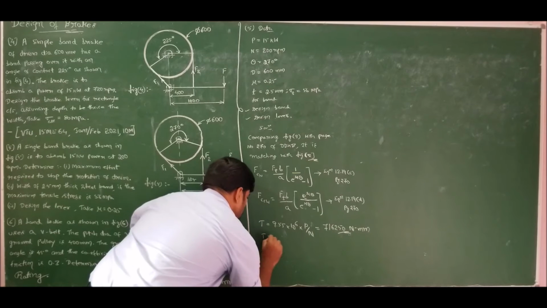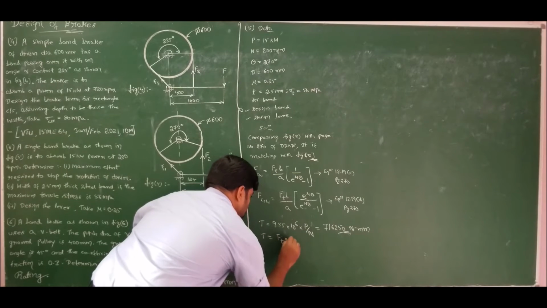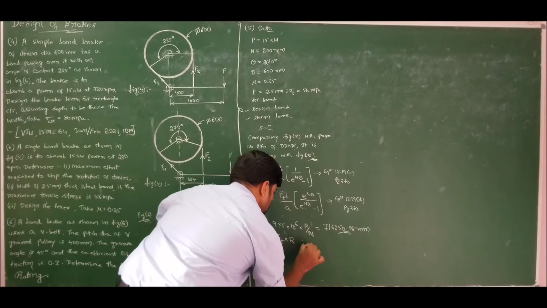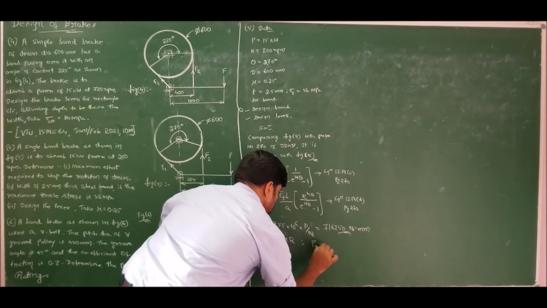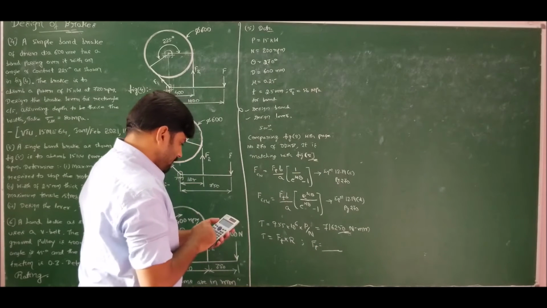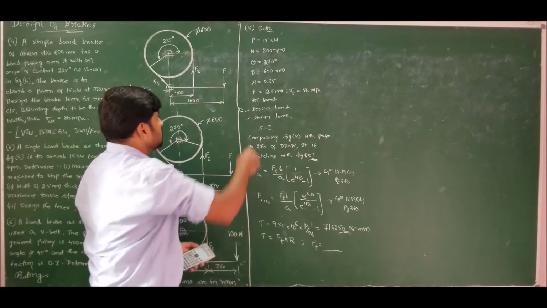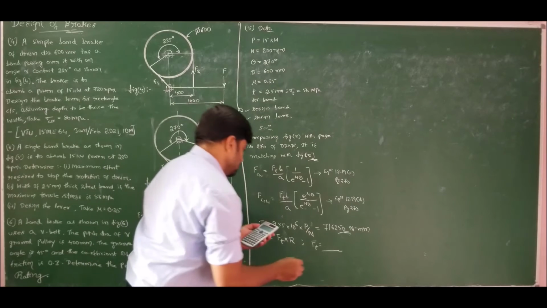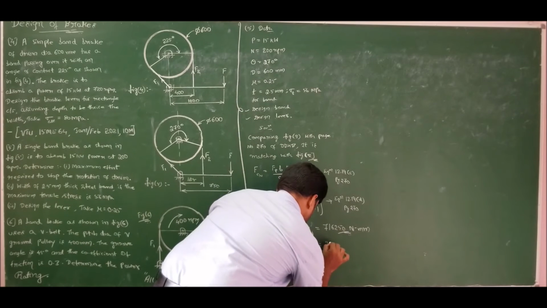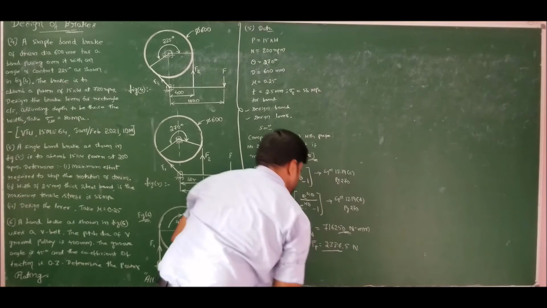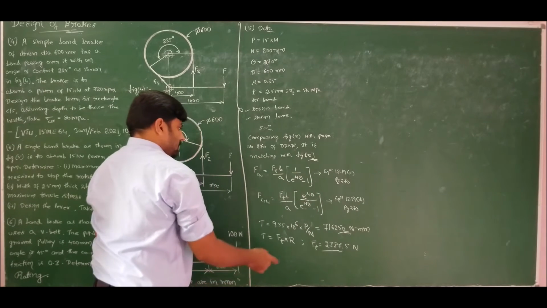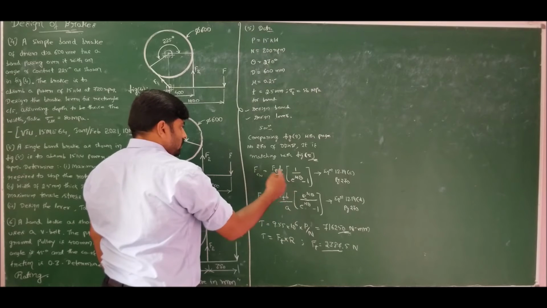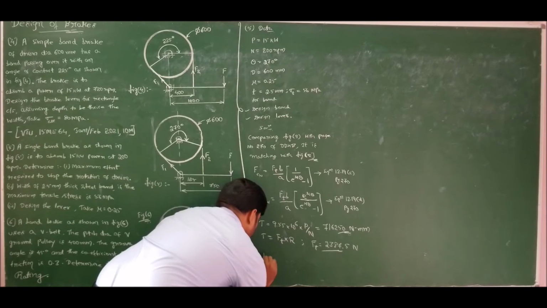We also know that torque is equal to tangential force into radius. So the tangential force is this answer divided by the radius. Diameter is 600, so radius is 300. Hence the tangential force will be 2387.5 newtons.